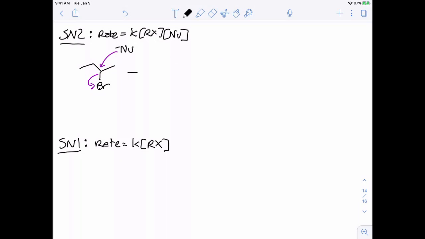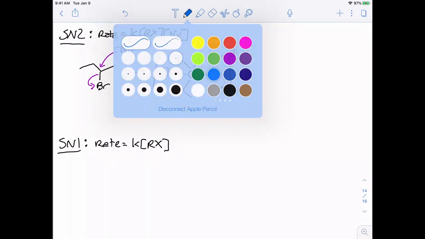This one is a concerted reaction, and because of that, I'm going to draw my transition state, but remember that the bond that we're forming between that nucleophile and the partial positive carbon needs to be completely opposite to the bond that we're breaking between that partial positive carbon and my leaving group. And then get everything else on there. So remember, this one proceeds by backside attack.